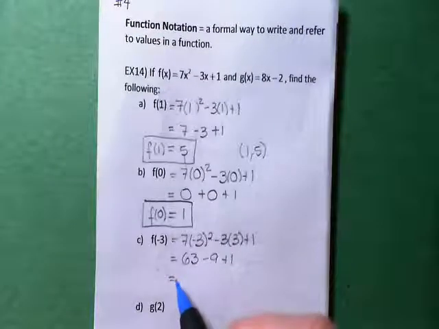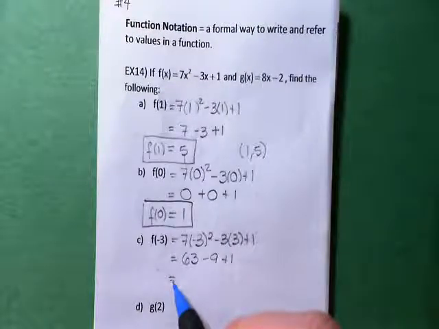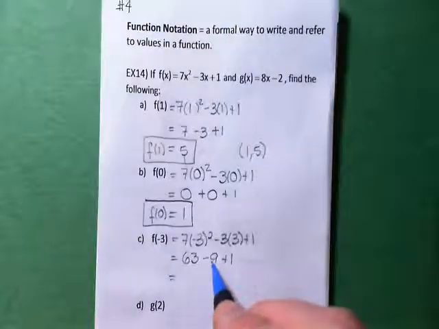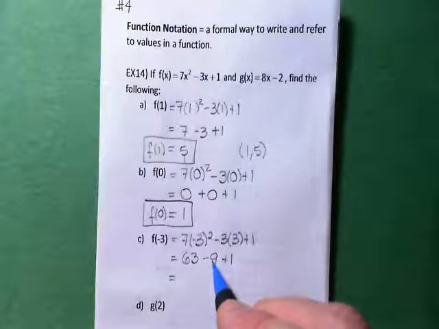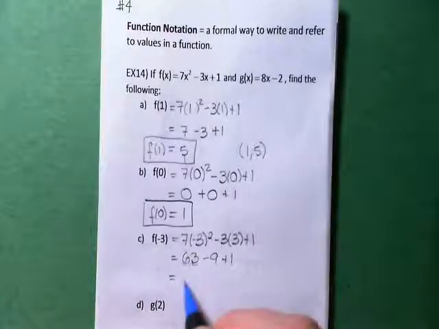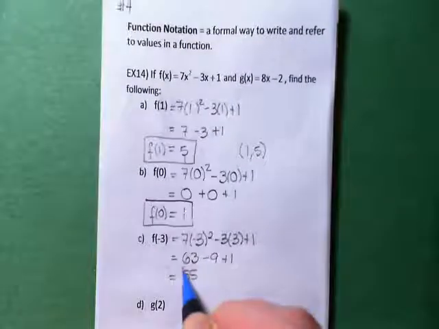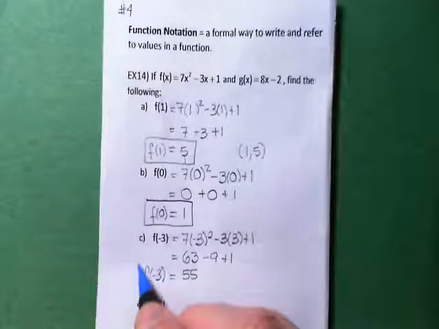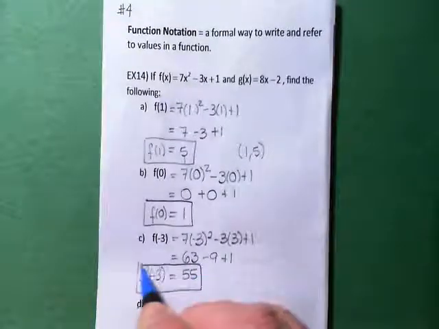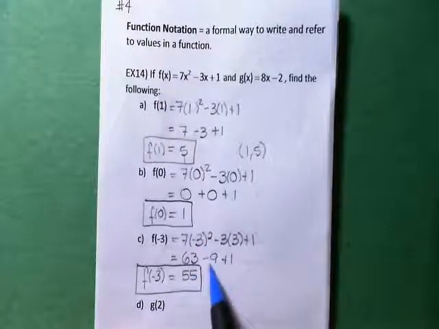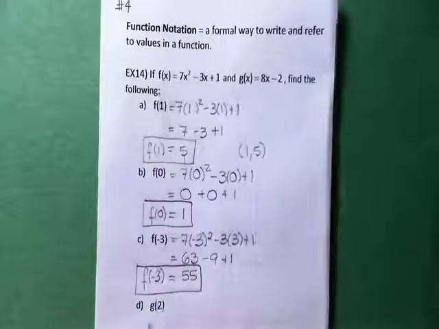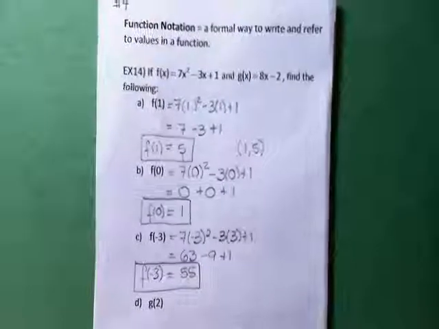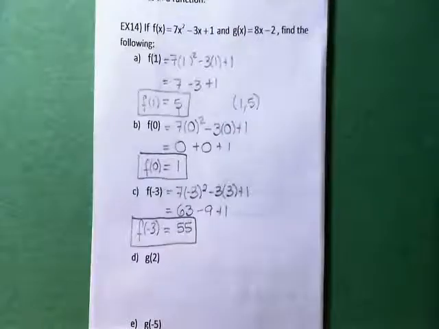Okay. So now 63 minus 9 would be 54. 54 plus 1 is 55. So f of negative 3 would be 55. Yep. Just making sure I did the right multiplication there.